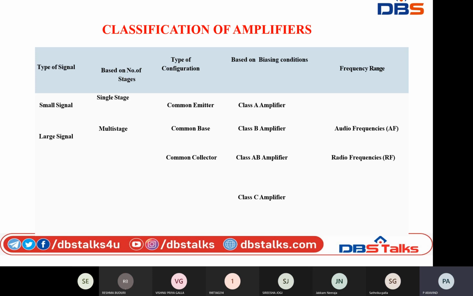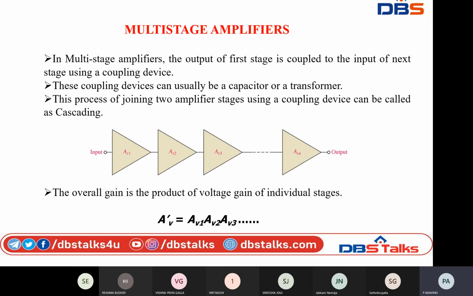One is type of the input signal, and also based on number of stages and type of configuration, and based on biasing conditions, and also the frequency range of operation. So amplifiers are classified into different types.